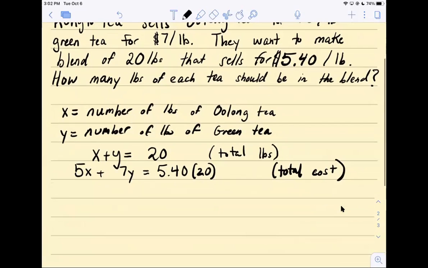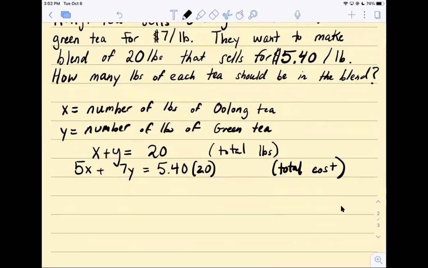So if we try to do elimination, let's try to eliminate X. If we multiply everything by -5, you get minus 5x minus 5y equals minus 5 times 20. And I'm not even multiplying through the minus 5 times the 20. Now, do you guys see what I'm going to get on the left side?